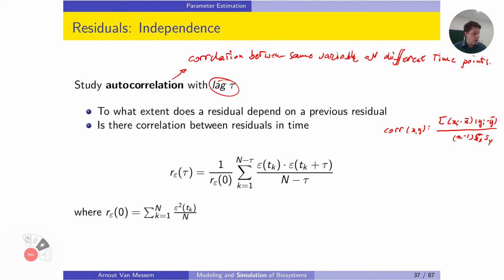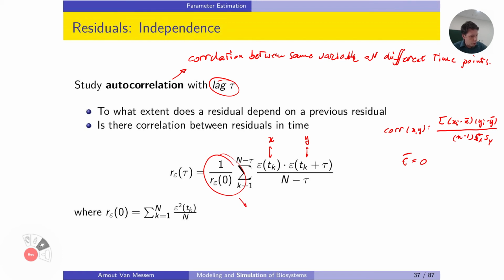So in our case, the x corresponds to the residual at a certain time, and the y is the residual at a time tau later. You start from a time point and then you add tau in time and you check those two. We have x bar, or in this case epsilon bar, equal to 0 because we assume that the average of all the residuals is 0. That's why we get epsilon minus 0 times epsilon minus 0. And then this one plays the role of the variation.